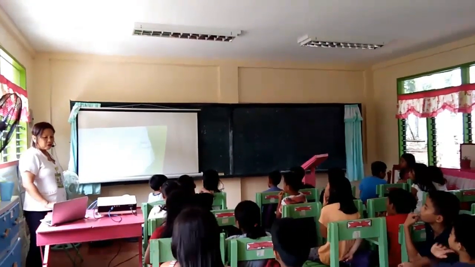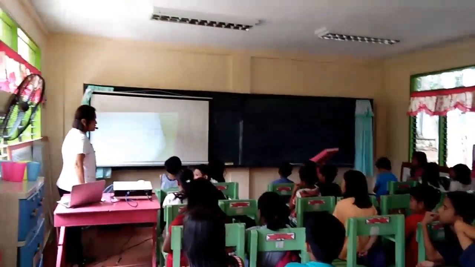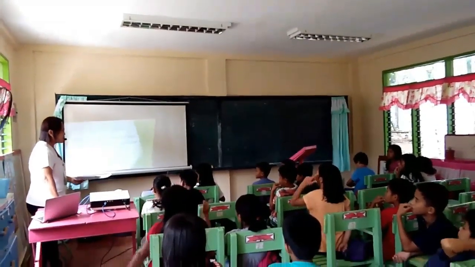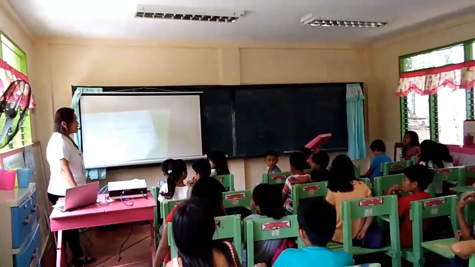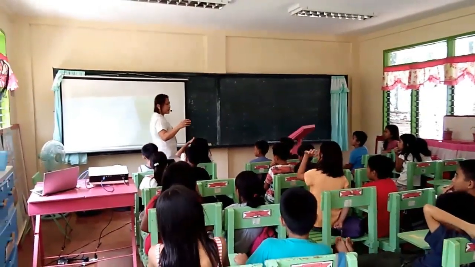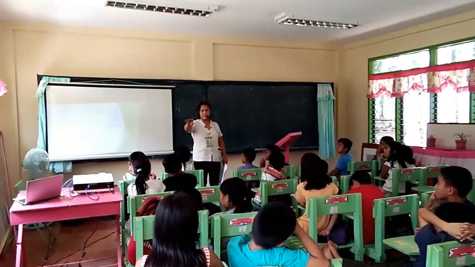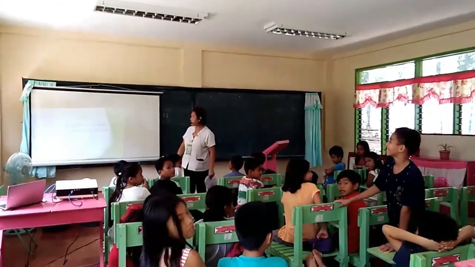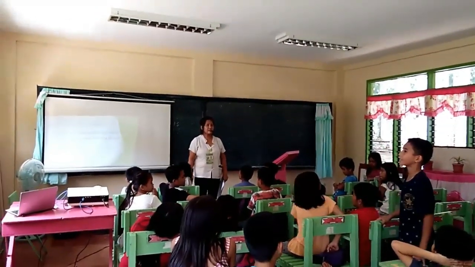Now, what might have caused the area to look like that? What happened to the area? Atong ground, diba? There are some soil sa atong cemented ground. What might have caused the area to look like that?